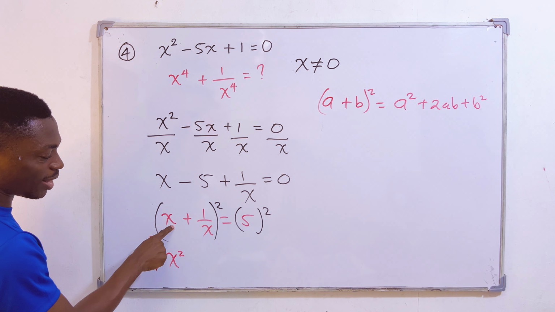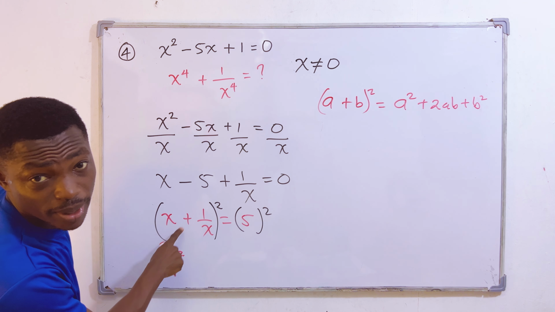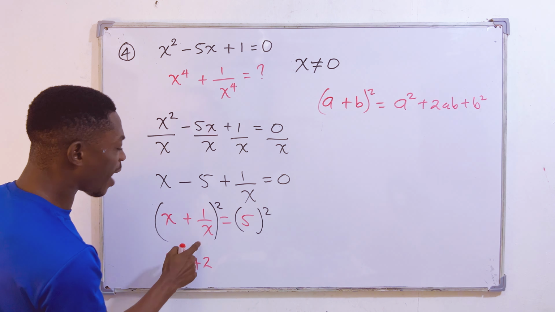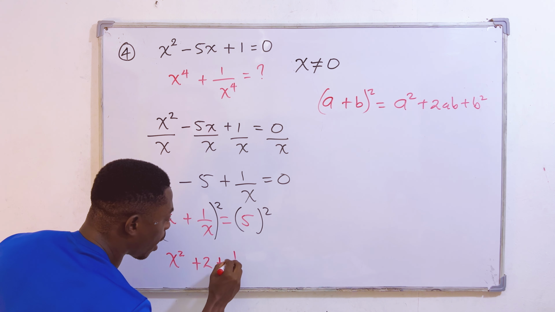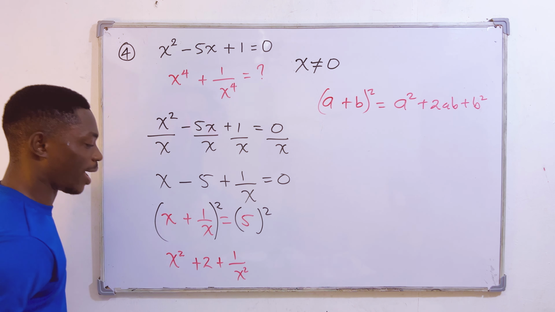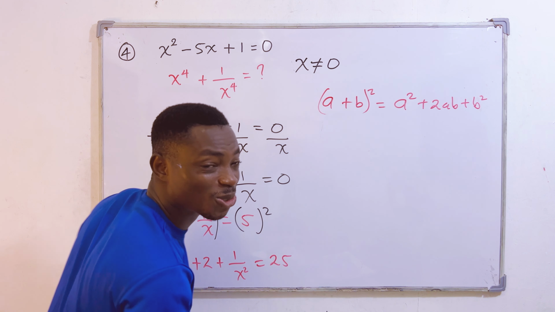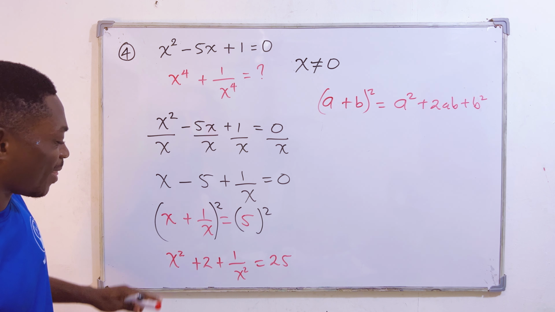Then I multiply this, and that is giving me just 1. Then I multiply it by 2. And I'm getting just positive 2. Then I take the whole of this and square it. So 1 over x squared will give me 1 over still x squared. And on the right hand side, I'm going to be getting 5 times 5, which is 25, right? So cool. This is it.